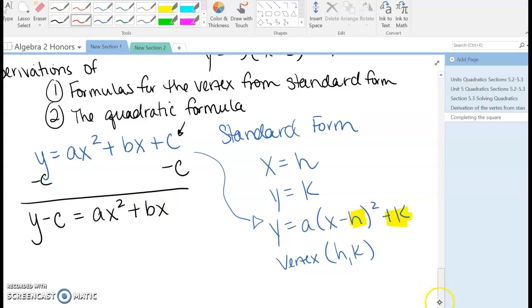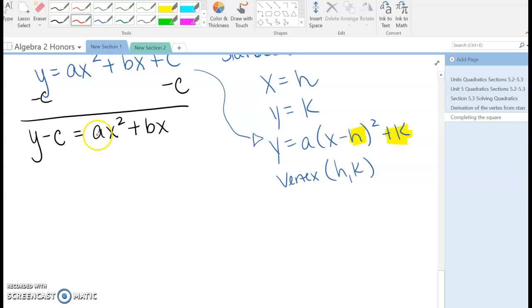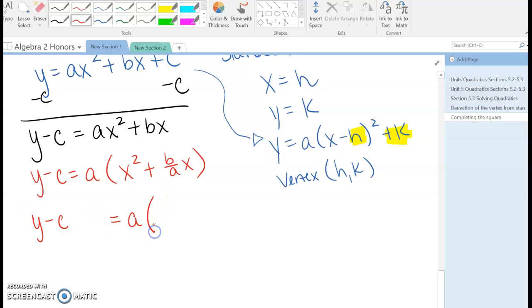So move it over to the left-hand side by subtracting it from both sides. Next, when we're completing the square, we need to factor out that a, right? That lead coefficient, we want to get that out of our problem. So if I factor out a, it's going to look like this. Then y minus c, and I'm going to leave a little space there, is equal to a times x squared plus b over a x plus something, right?